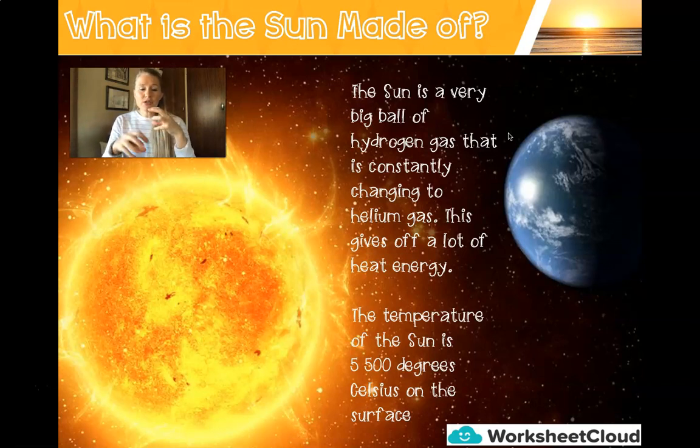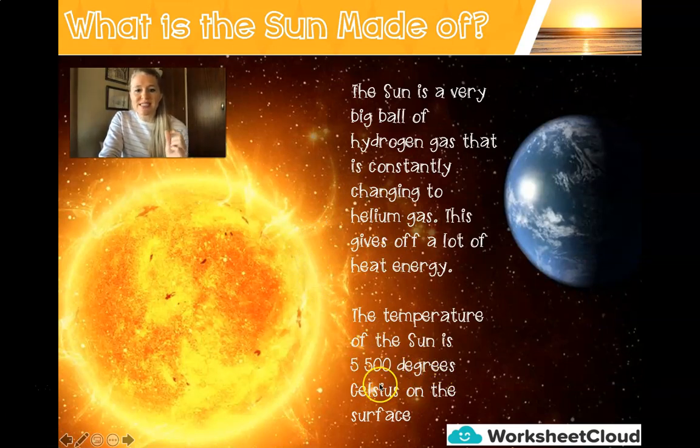Because it's constantly changing, a lot of energy is given off as the gas changes from one form to the next, and that energy gives off a lot of heat as well. That's why the sun is so hot, because of the hydrogen and helium gas that are constantly changing.